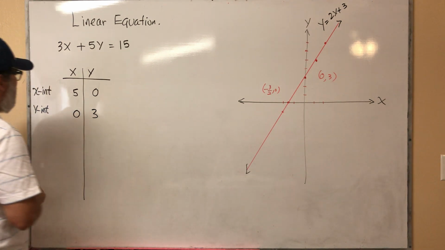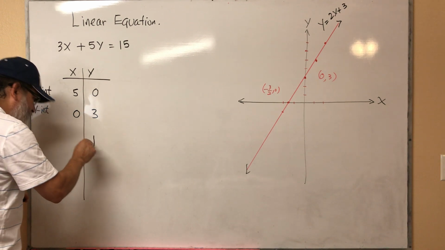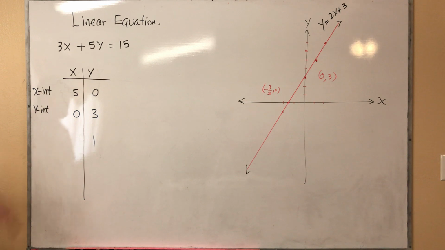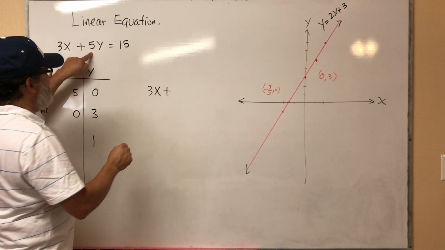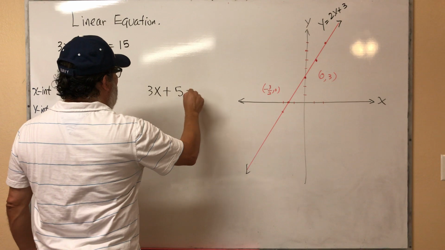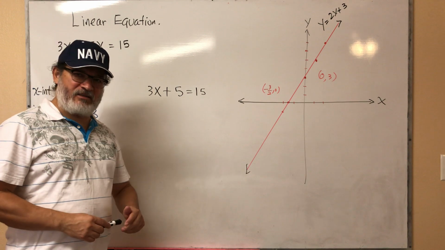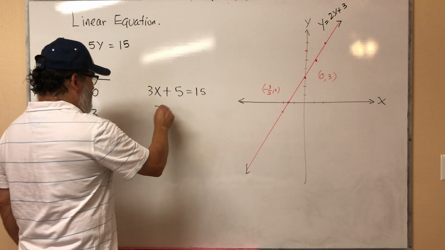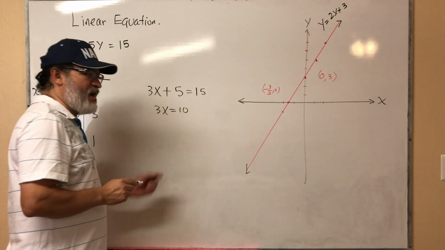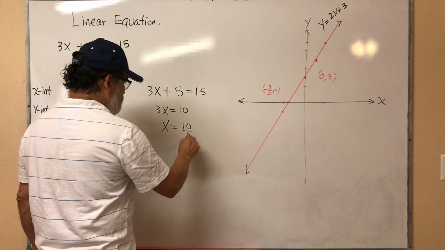Let y be 1. Plug it in. 3x plus 5 times 1, 5, equals 15. Subtract 5 from both sides. What's 15 minus 5? 10. So 3x equals 10. Divide both sides by 3. So x equals 10/3.